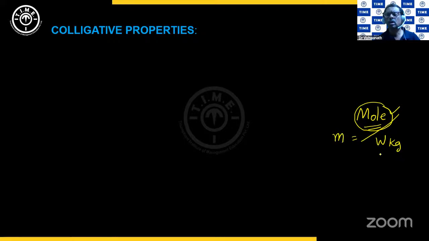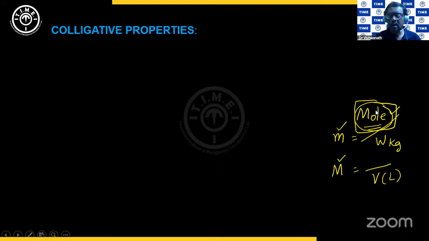Or the same mole may be part of a solution whose volume is given in liters, then it becomes the molarity. If you have moles per kg of solvent, it is called molality. If you have the same moles in 1 liter of solution, it is called molarity. So colligative properties depend on the molality or molarity, the collection of solute particles in a given solution.